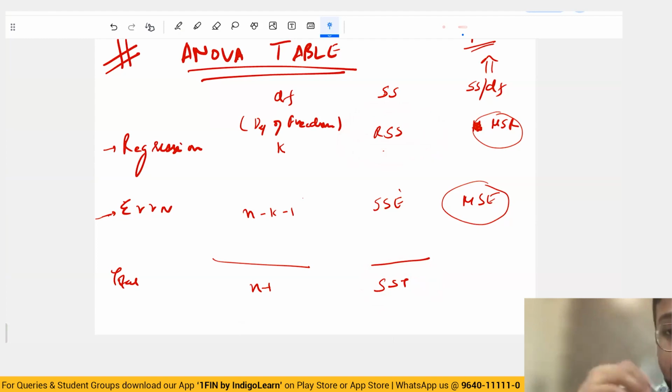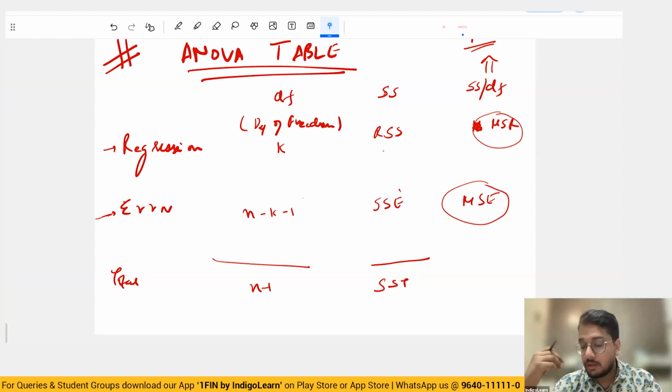With this premise and this knowledge, what do you think? Should the R square value be high or should the R square value be low?